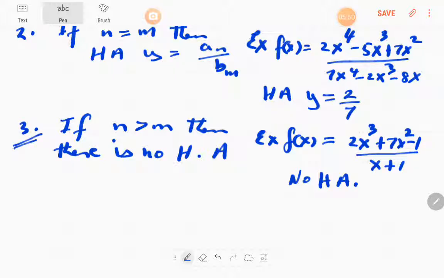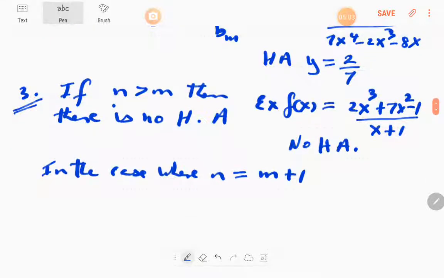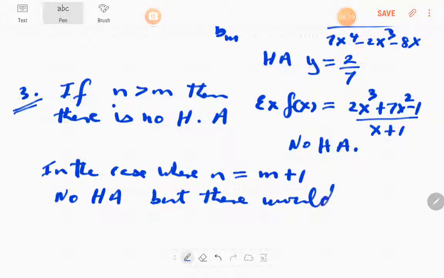If n is just one larger than the degree of the denominator, in this case we will have no horizontal asymptote, but there will be a slant or oblique asymptote.